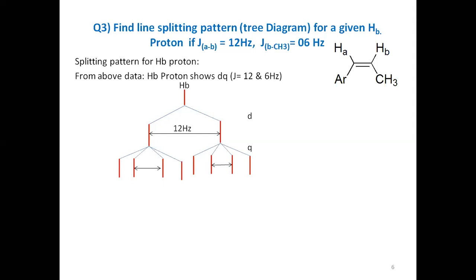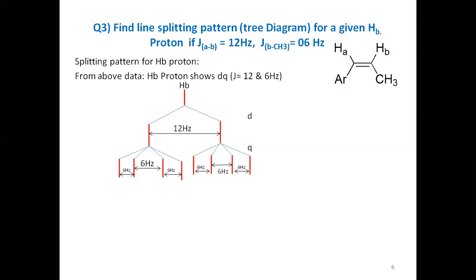It is not 2, not 3, not 1.5. It is 6 hertz, because they are splitting by 6 hertz. So each line difference is 6 hertz. Each line has a distance of 6 hertz.